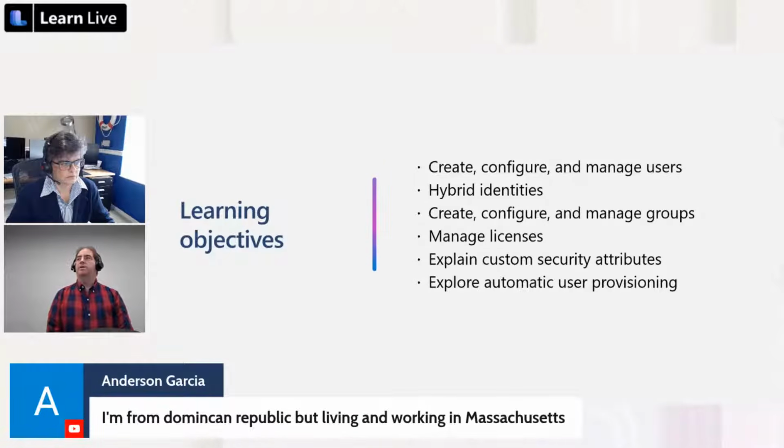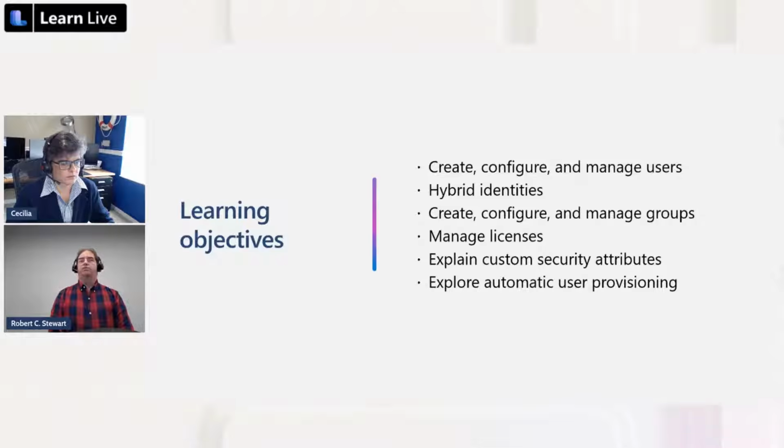We will look at groups and how that you can take advantage of those. We'll talk about managing licenses, custom security attributes, and lastly, automatic provisioning, so that you'll deal with all of the pesky process of building your users once you get your environment up and running.